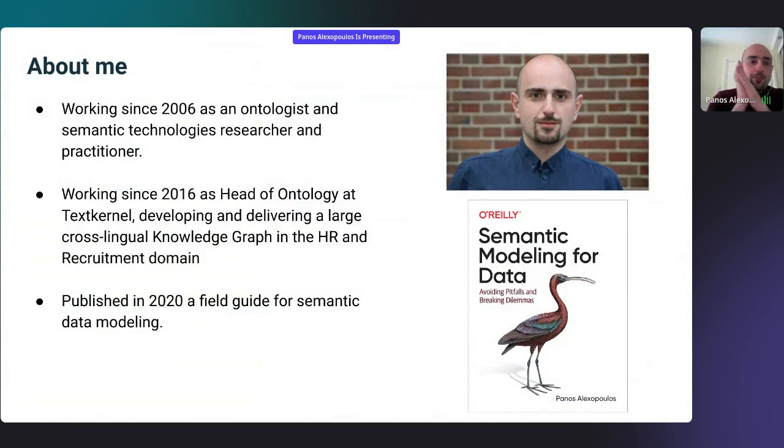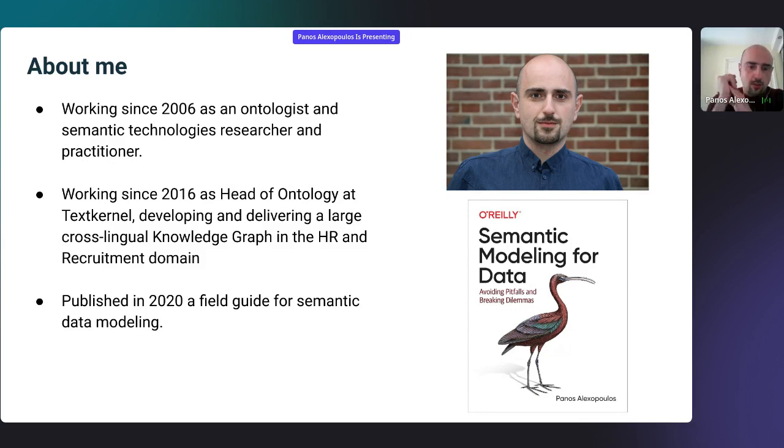In case you haven't met me before, I'm a practitioner in the area of semantic technologies and ontologies since around 2006, both in a research and a practitioner capacity. And for the last 7 years, I've been working as head of ontology at TextKernel. TextKernel is a company that develops semantic software for analyzing jobs and CVs and matching them together.